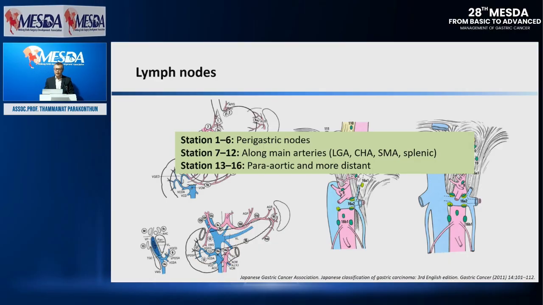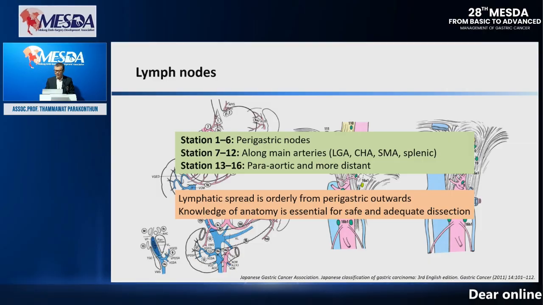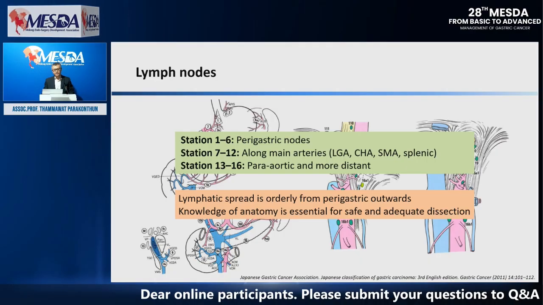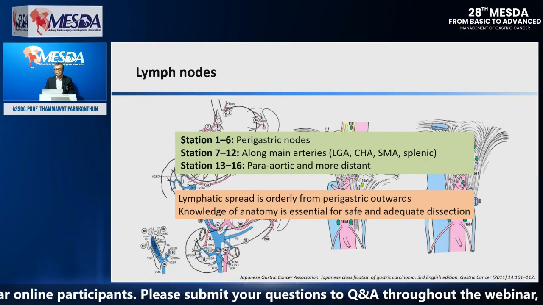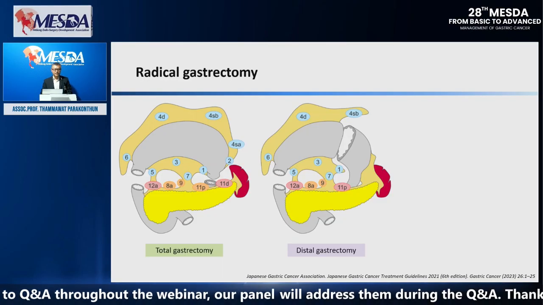Numbers 7 to 12 are the lymph nodes located along the main arteries. And the faraway lymph nodes are numbers 13 to 16. The lymphatic spread moves from inside to outside, from the perigastric area to the distant area. So knowledge of the anatomy is very important to make a safe procedure and an adequate lymph node dissection.